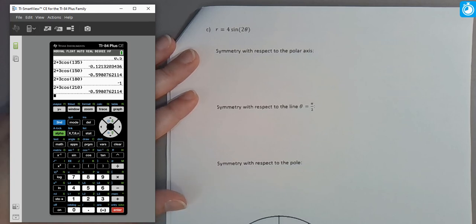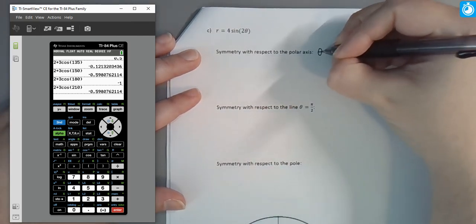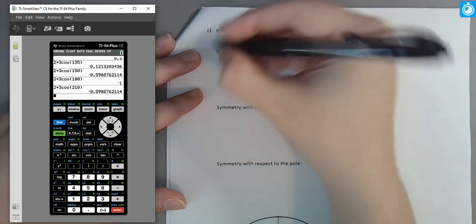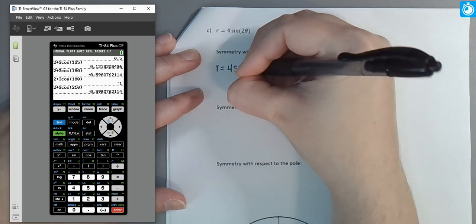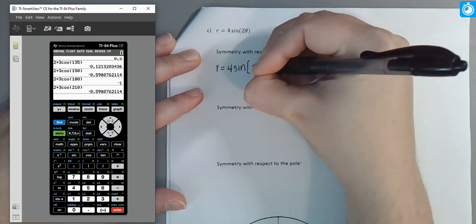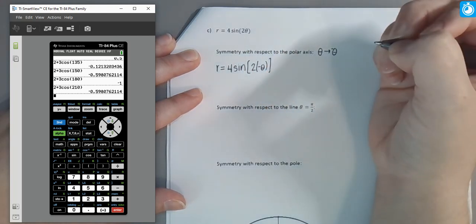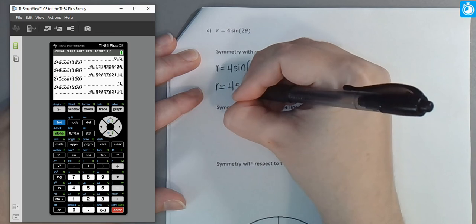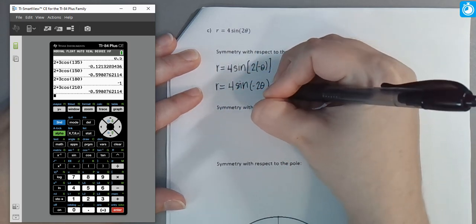So let's check for symmetry for this one, and then we will graph it. Symmetry with respect to the polar axis: we're going to take theta and set it to negative theta. So that's going to be r is equal to 4 times the sine of 2 times negative theta. A better way to write that would be 4 times the sine of negative 2 theta.